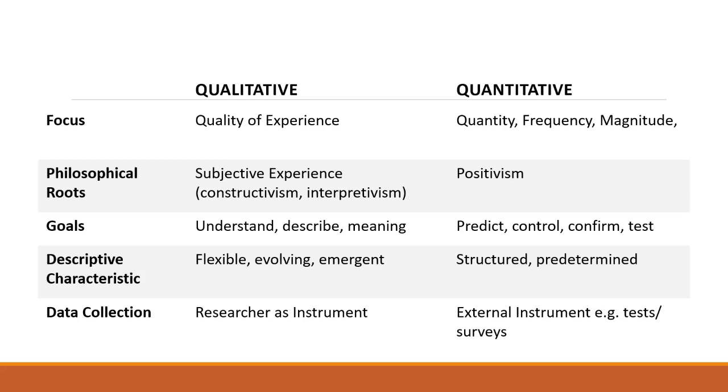Whereas that leeway is not really there when you're doing quantitative research. You cannot just change your survey just like that along the way or in the middle of giving the survey to a participant. So it's very structured, it's very predetermined, because you also don't want your results to be affected by the changes along the way.